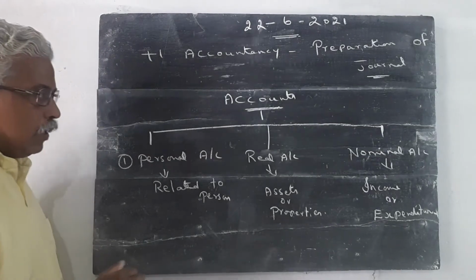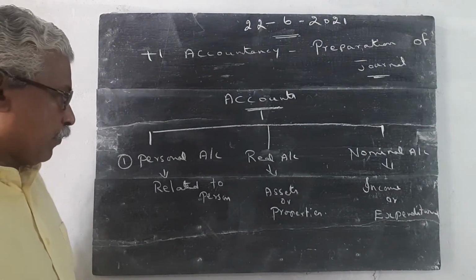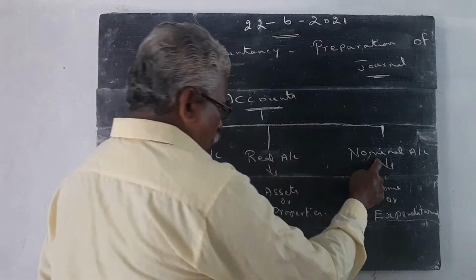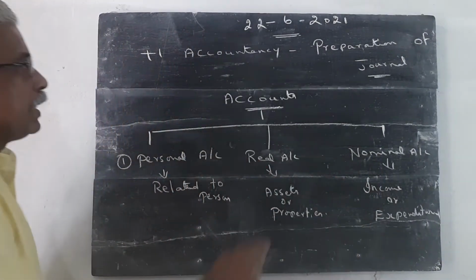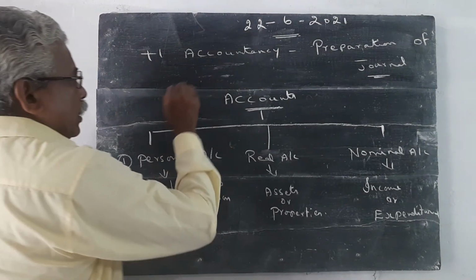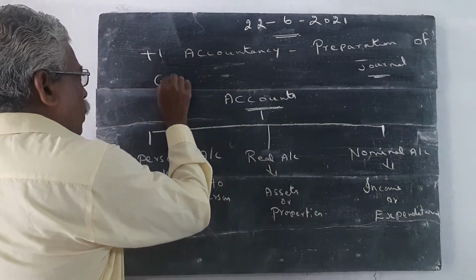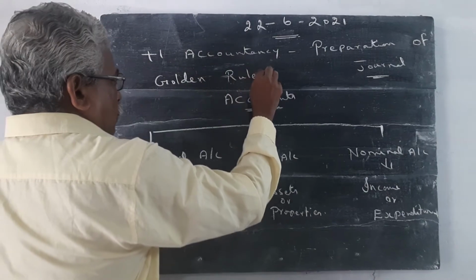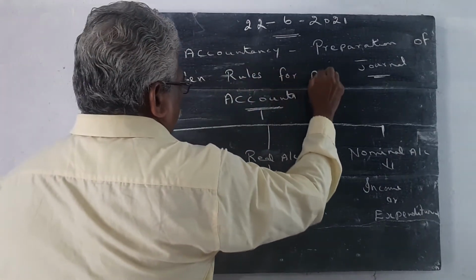So totally we have three types of account: personal account, real account and nominal account. Each account has separate rules. These rules are called the golden rules for accounting.